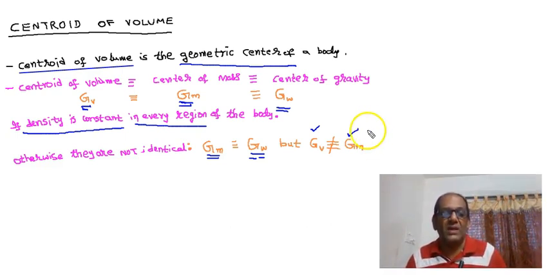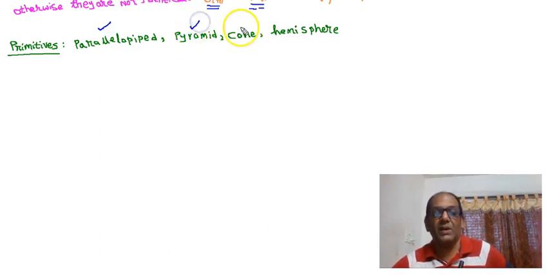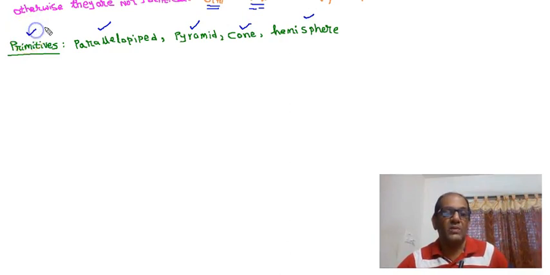Now we'll try to see how to find the centroid of volume with a couple of examples. In specific, we'll see how to locate the centroid of a parallelepiped, a pyramid, a cone, and a hemisphere, which we call primitives.